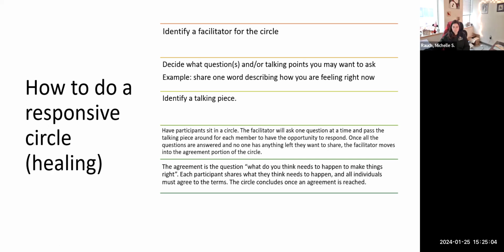You'll want to, again, identify a talking piece and essentially the same thing. Have participants sit in a circle. The facilitator will ask one question at a time, pass it around. Once everybody has answered and no one has anything that they want to share, then again, we're moving into the agreement portion. Now, we're healing in this situation, so it may not necessarily be an agreement of, what do you think needs to happen to make things right?